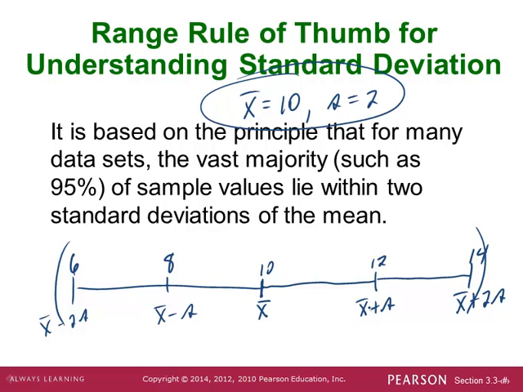So it'll be roughly true that if you take the maximum value of your data set minus the minimum value, that gives you the range, and dividing by 4 gives approximately 1 standard deviation.